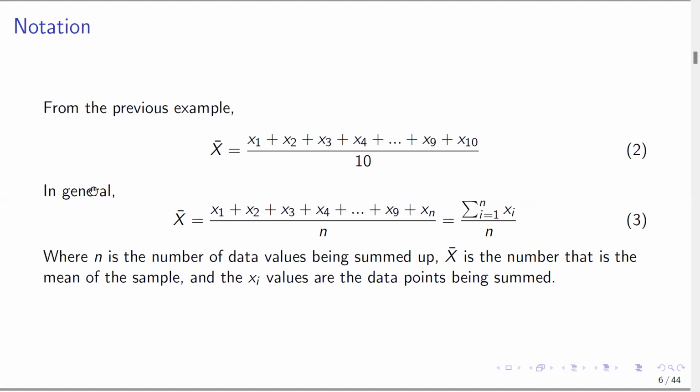So in general, we use the letter n to represent the total count, meaning the number of data values. Then we use the summation of xi to represent the sum of all the values. Right? So the sum of xi over n gives you your x bar, where n is the number of data values. The note under here is just what I have explained, all right?